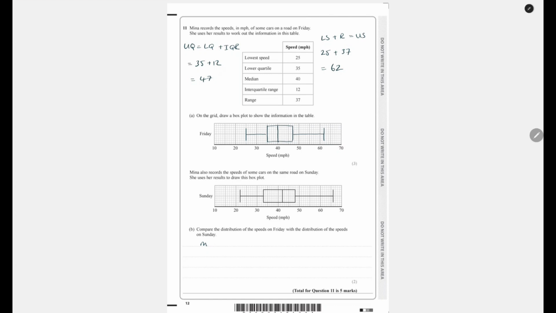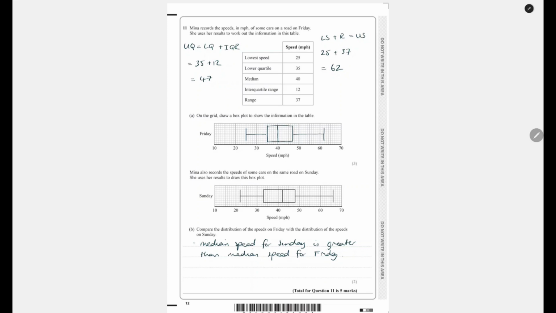So median speed for Sunday is greater than median speed for Friday. And the next thing that we can note is the interquartile range for both, i.e. the range of speeds for Friday is much smaller than the range of speeds for Sunday.